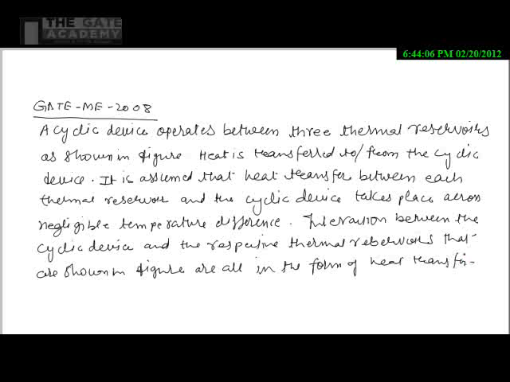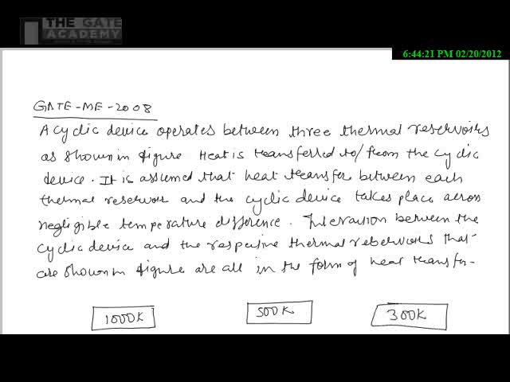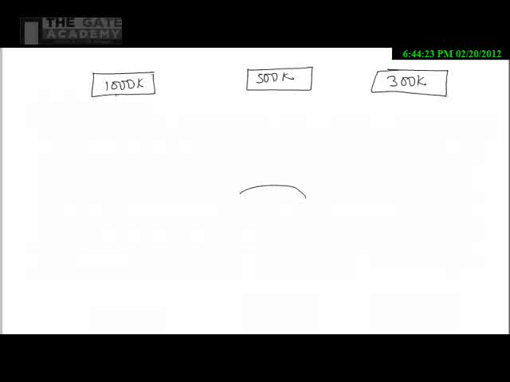So now I am drawing the diagram here. This one is the 1000 Kelvin reservoir, this one is the 500 Kelvin reservoir, this one is the 300 Kelvin reservoir, and this one is the cyclic device.